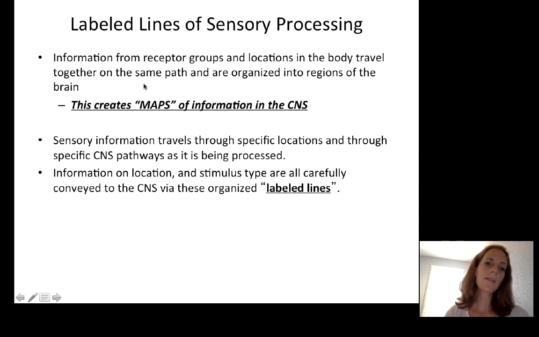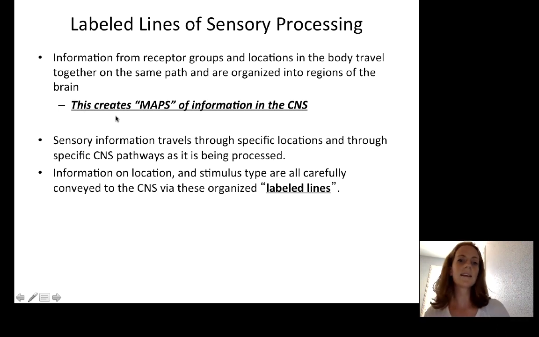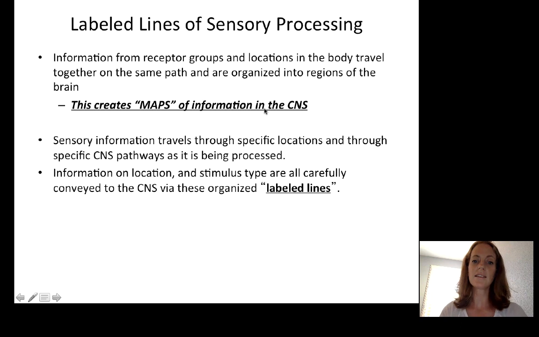What's interesting about these pathways is that the information going from the first to the second to the third is very carefully organized by receptor group and by location in the body. As these neurons travel through the central nervous system pathways, they travel together on the same pathway, and they're organized into regions of the brain. This creates maps of information in the central nervous system that is relayed through each location as the neurons travel through their first, second, third order locations.